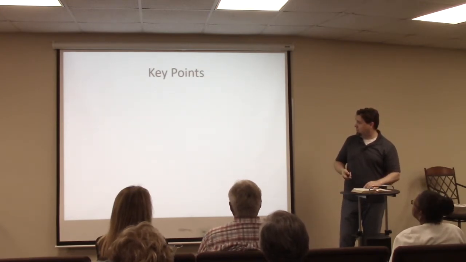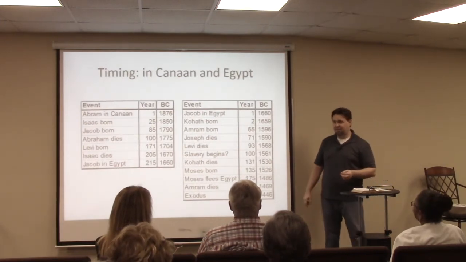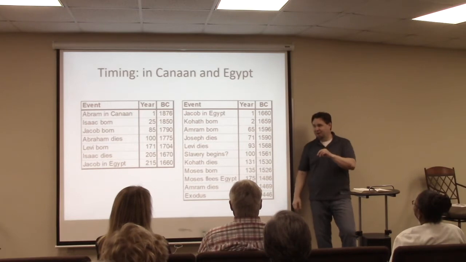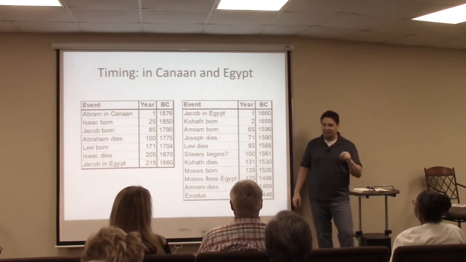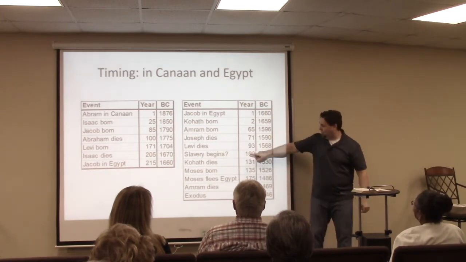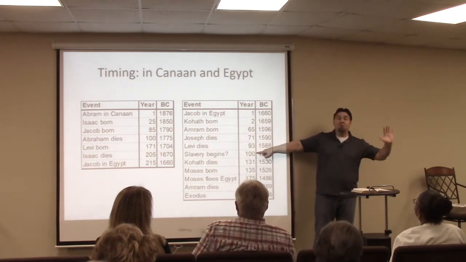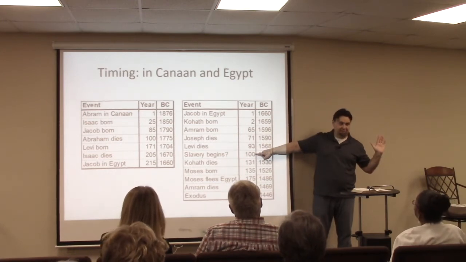Oh, one thing I needed to point out here. Slaves in Egypt. We're going to find that the slavery in Egypt didn't begin until after the generation of Levi and Joseph, the sons of Jacob, died. It was after that. So slavery began somewhere around, I don't have a good number on this. The Bible didn't provide this other than the circumstance.